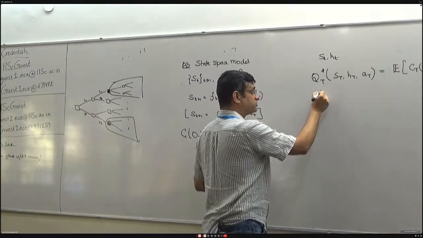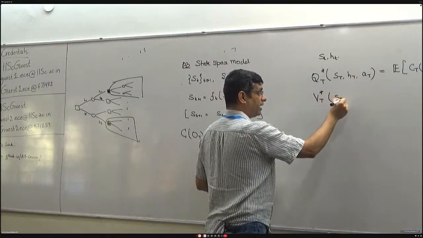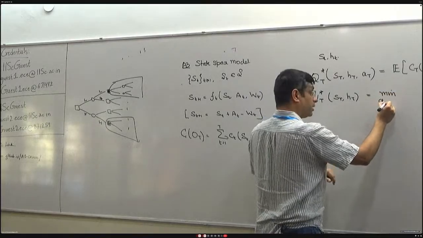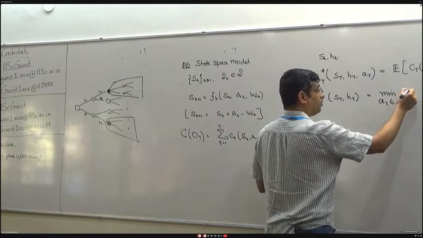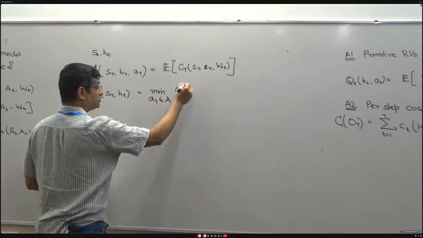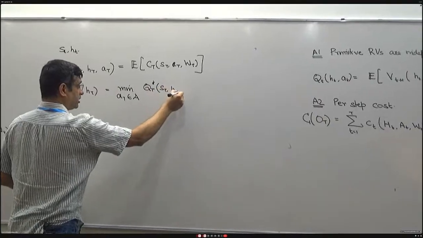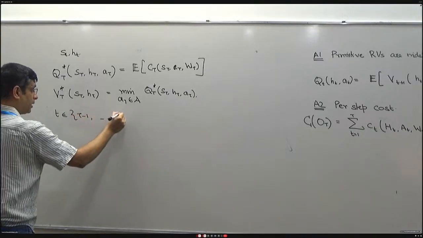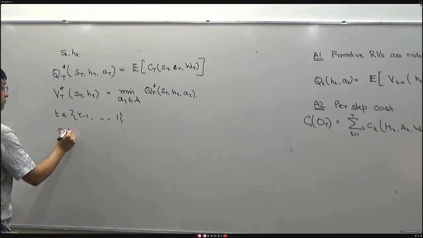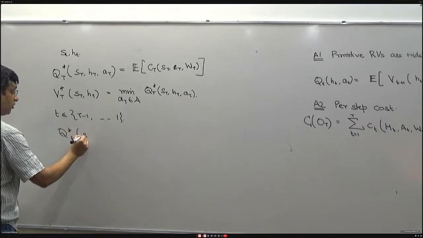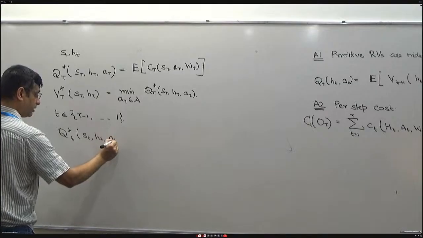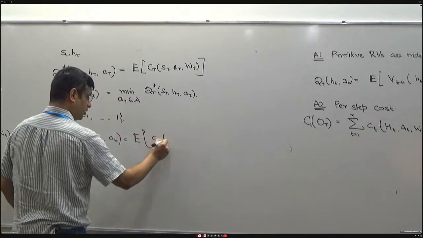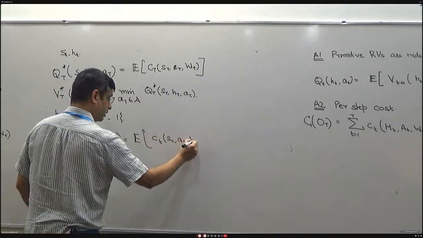Value functions will always be F_t and H_t, will be minimizations over A_t of Q_T star of F_t, H_t, and A_t. And same thing for t in T minus 1 to 1, I'll have Q_t star of F_t, H_t, A_t to be the expectation of C_t of F_t, A_t, W_t.